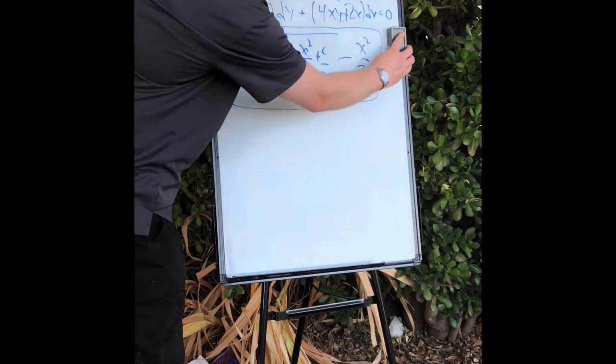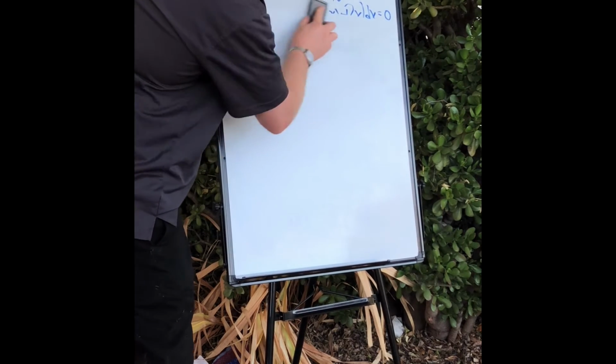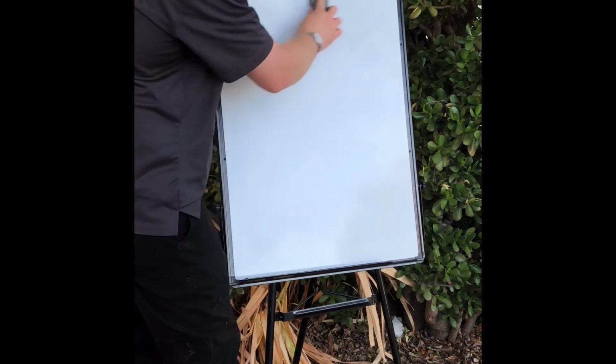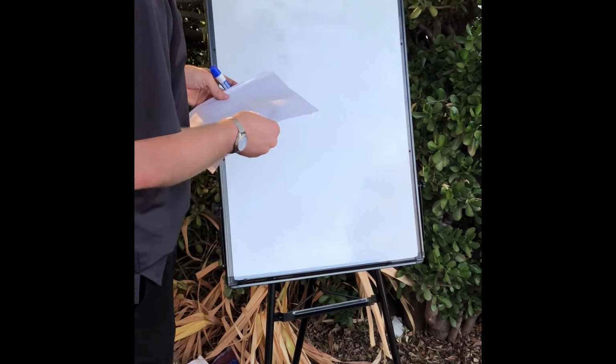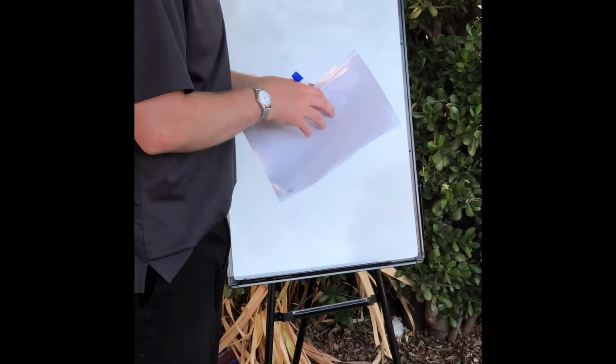And that's really how you solve them. It's pretty straightforward, but sometimes it's a little confusing. I'm going to show you a trick. So let me rewrite the original problem.